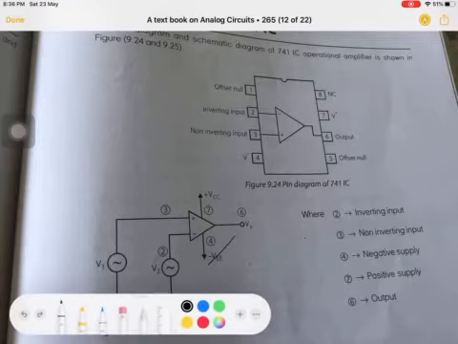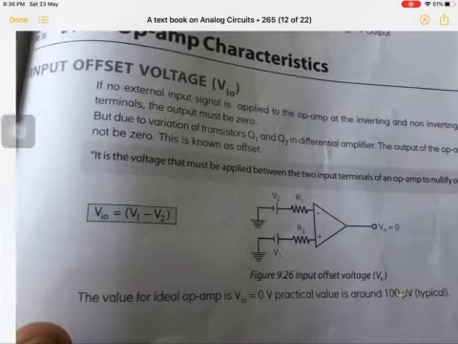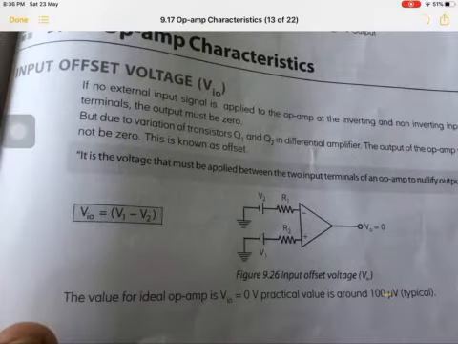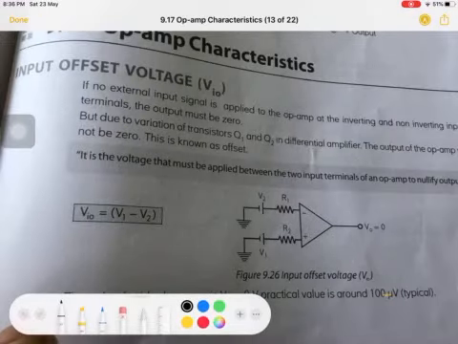Now, input offset voltage. Suppose we have an ideal op-amp. What is an ideal op-amp? In an ideal op-amp, if there is no external input signal, then there should be no output.